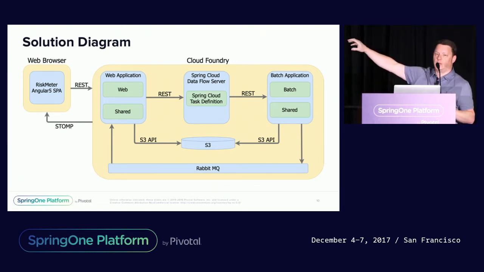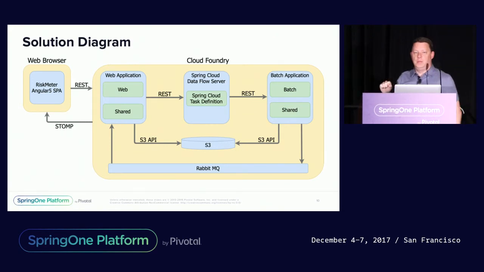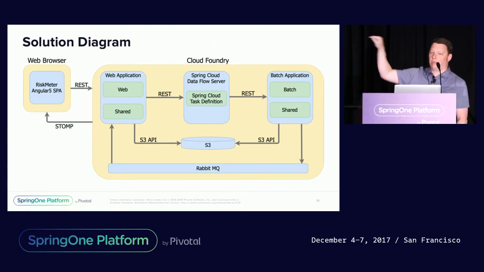Then the Dataflow server says, I know that task, no problem. I'm going to call Cloud Foundry's API to instruct Cloud Foundry to run that app on the cloud. So that's how it runs it on the cloud for us.